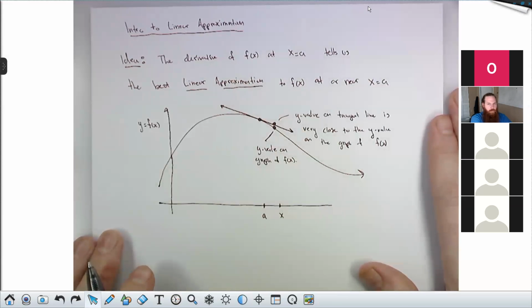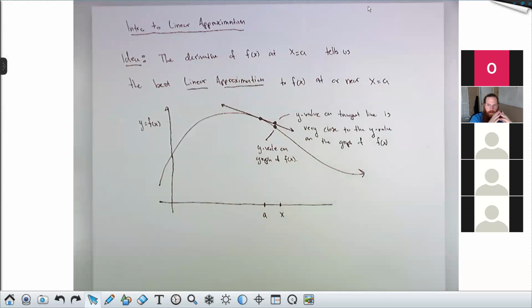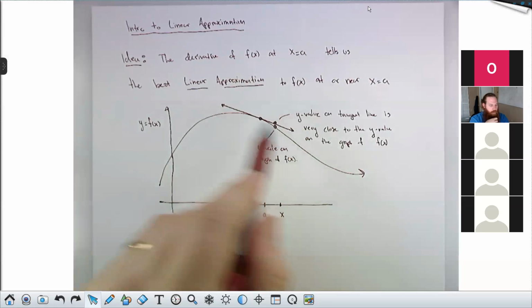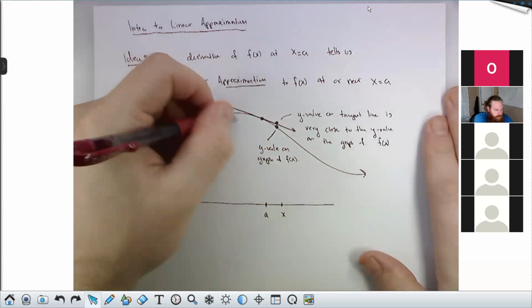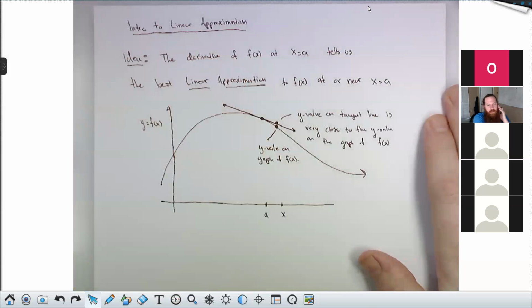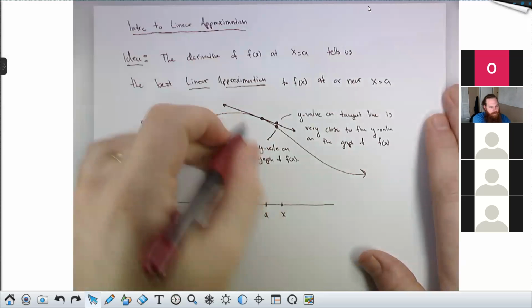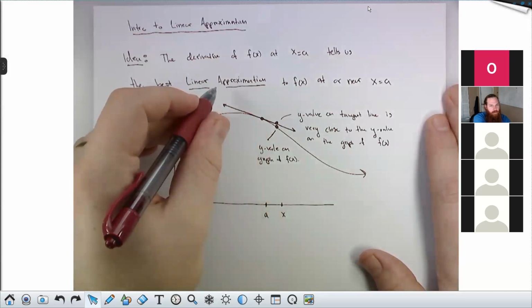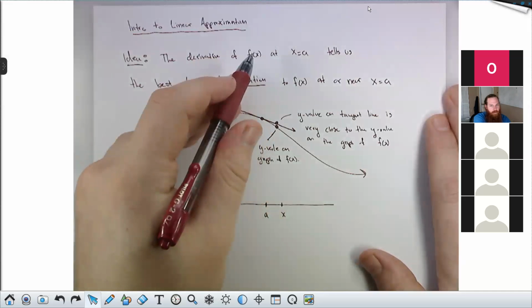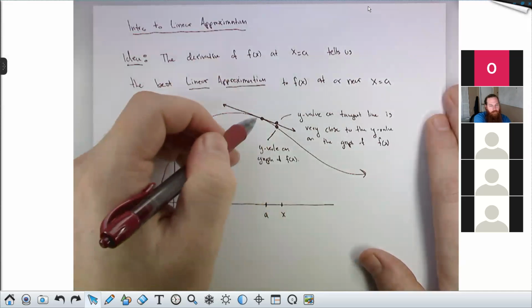You agree that those are close, right? And the line that does the best job of staying close to the graph is the tangent line, because it's got the right slope. If this line had any other slope, then these gaps between the line and the actual function would be larger. So this tangent line is the best linear approximation to the function f of x near x equals a.